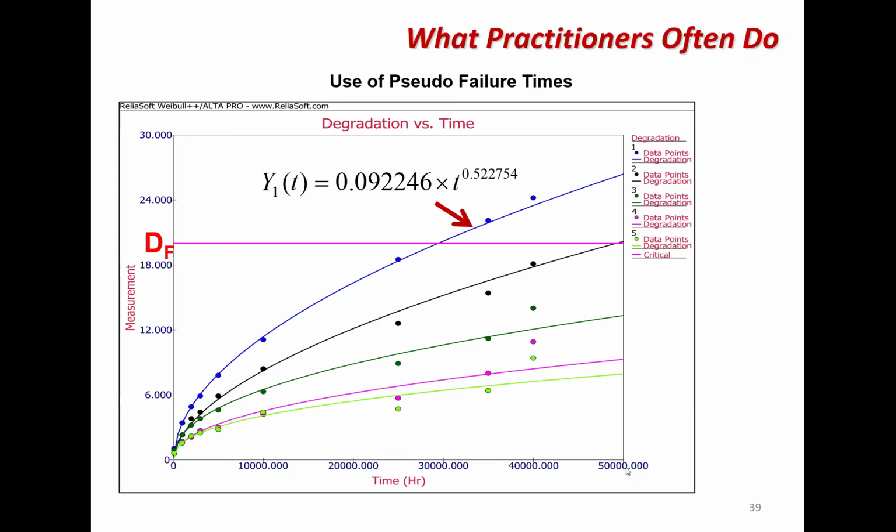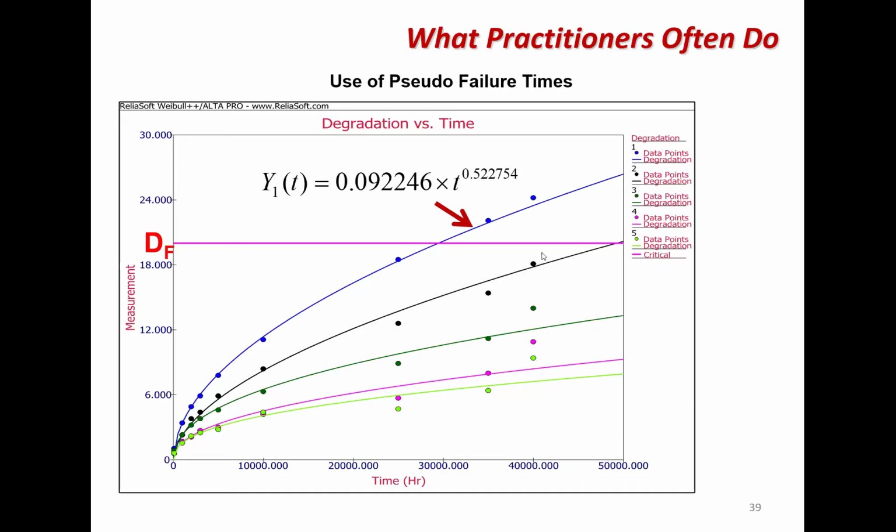If you look at this chart, I have those degradation data, and D_F is the failure threshold. When the degradation process crosses the failure threshold, we consider this unit failed. So what they do is regression, fitting curves to the data they collected. Of course, this should be non-destructive testing, so that you can collect multiple degradation data points on one single unit over time.